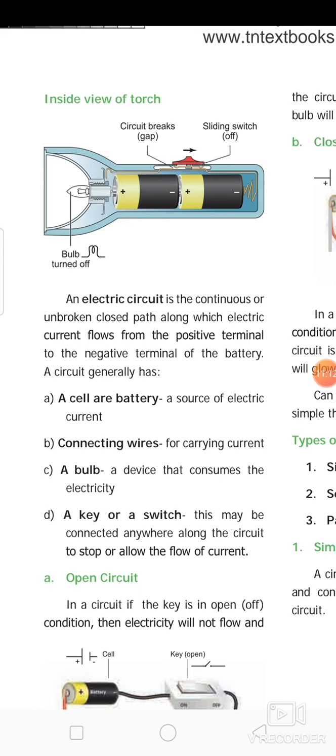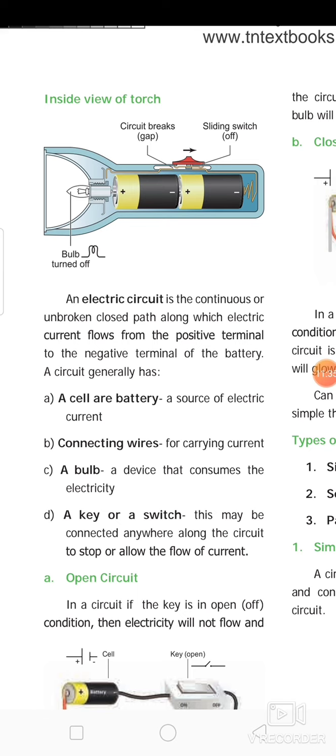Is it clear? An electric circuit is the continuous or unbroken closed path, very important word, along which electric current flows from the positive terminal to the negative terminal of the battery. A circuit generally has four important things. First one, a cell or a battery. That is the source of electric current.